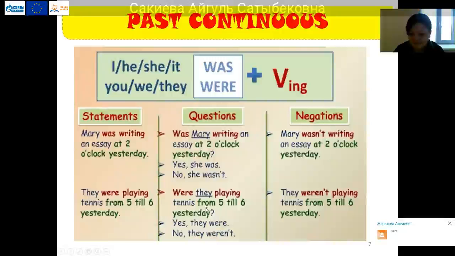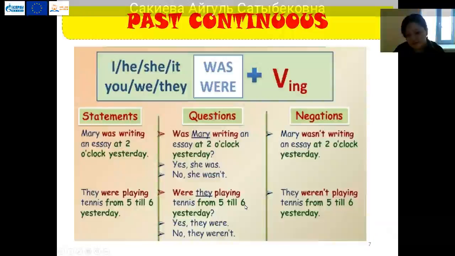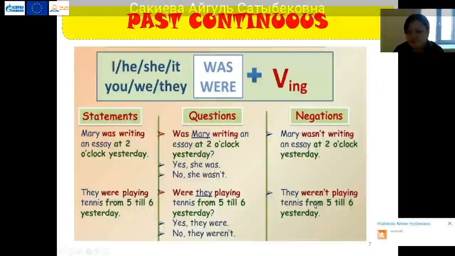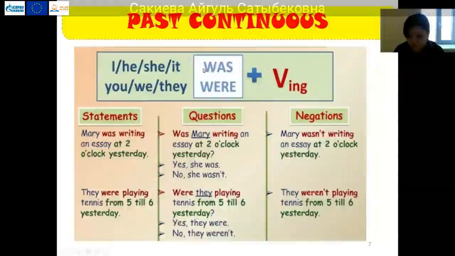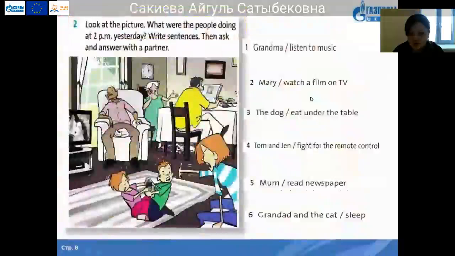Were they playing tennis from 5 till 6 yesterday? Yes, they were. No, they weren't. And negative sentence, they weren't playing tennis from 5 till 6 yesterday. Yes. So, as you have noticed, we use auxiliary verbs was and were in past continuous, and the main verb with ing ending. Okay? It's practice time.